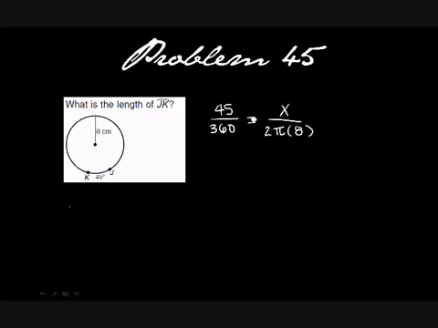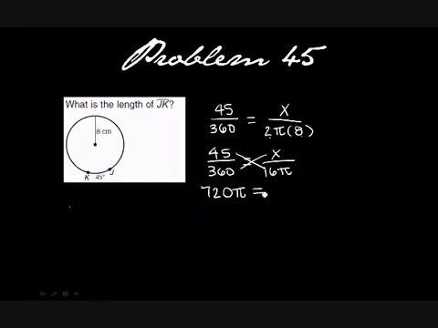x. If we kind of simplify this a little bit, 2 times 8 is 16, so we can write it like that. So now we're going to cross multiply. I'm going to do the 45 and the 16 pi first. So we get 720 pi. Pi comes along for the ride.